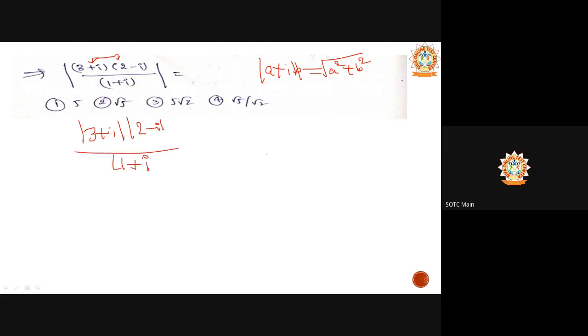Now tell me the answer. What is the answer? Under root 3 square plus 1 square, it is 10, into under root 2 square plus 1 square, which is 4 plus 1, that is 5, divided by... here it is 2. It will come under root 2, right?